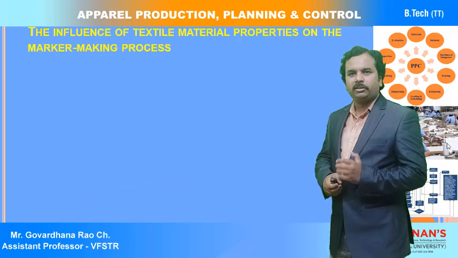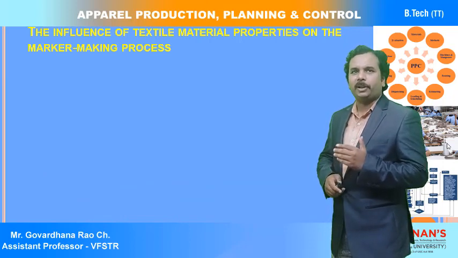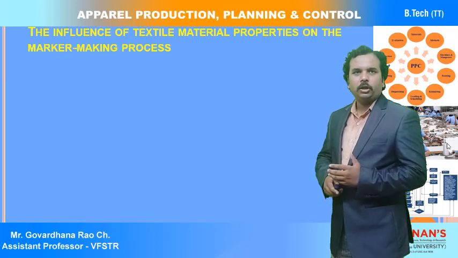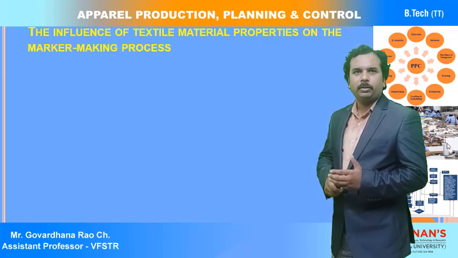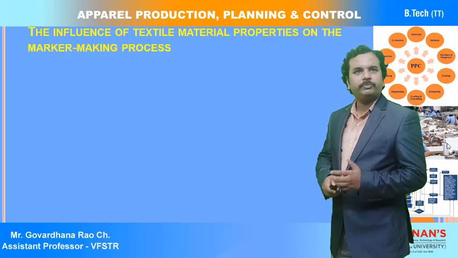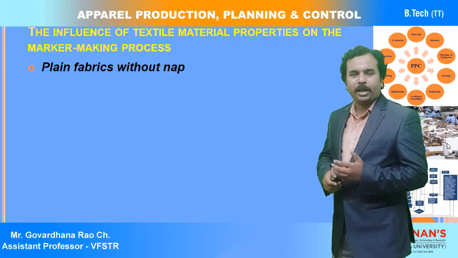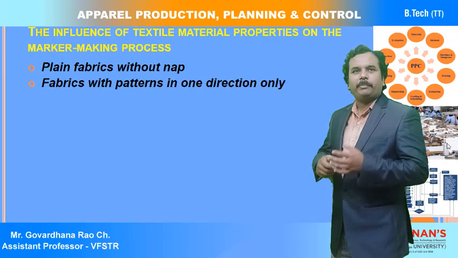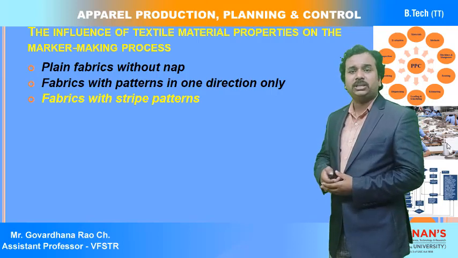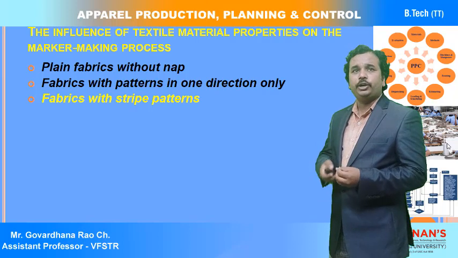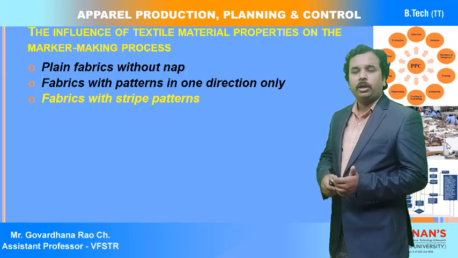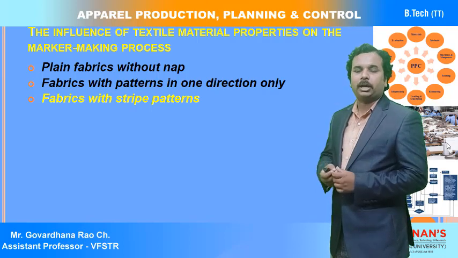And you can see here finally the influence of textile material properties on the marker making process. What material properties are going to affect the marker making process? Plain fabrics without nap, fabrics with patterns in one direction only, fabrics with stripe patterns. If these stripe patterns are there, we need to spend more time to prepare the marker.